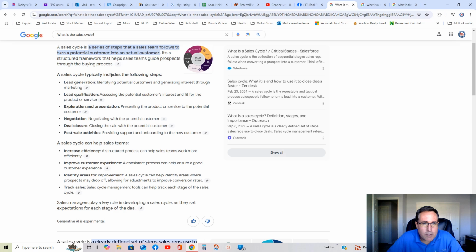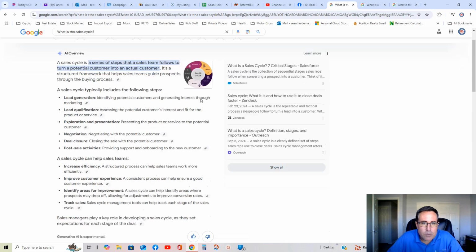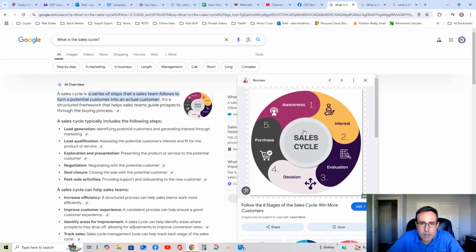So the sales cycle typically includes the following steps: lead generation, lead qualification, exploration and presentation, negotiation, deal closing, and post-sale activities. So we have a little chart over here. Let's see what that says here. So we have awareness, interest, evaluation, decision, and then their purchase.